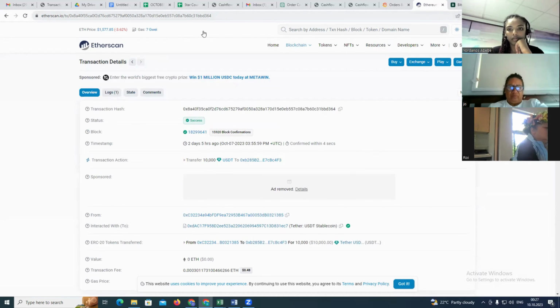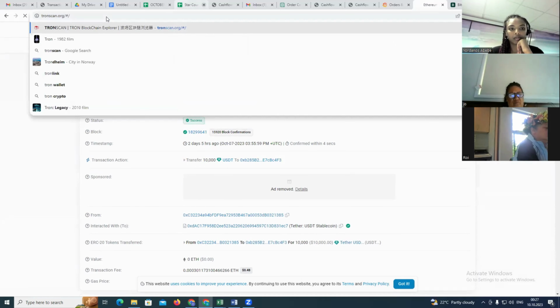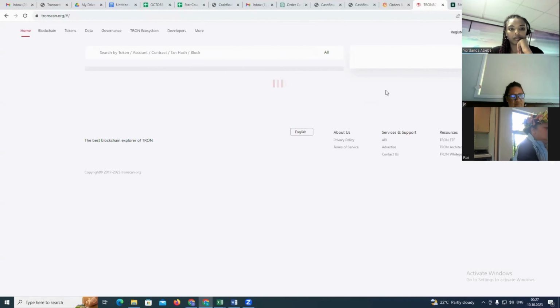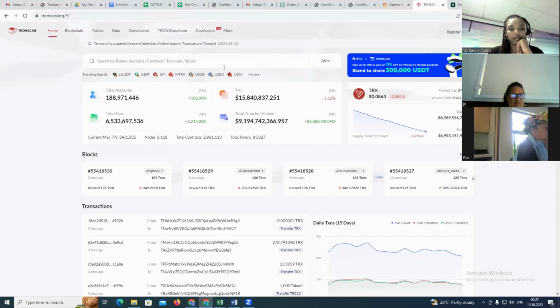Now we are going to look at what TronScan looks like. One more thing I forgot to mention about Etherscan: when you use the ERC20 network protocol, that is when you have to track your transaction there. When you send USDT out of your wallet address, if you choose Tron, that is TRC20.